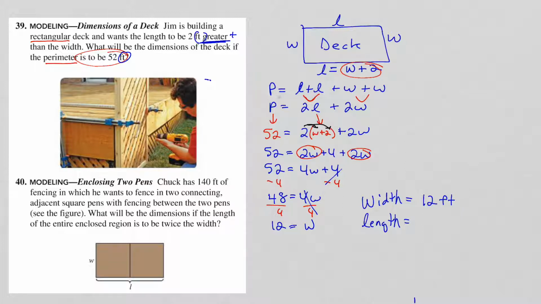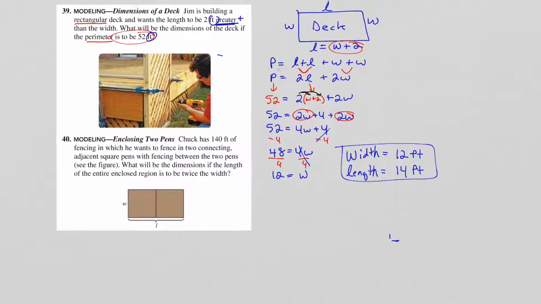And the length is going to be, remember that it's 2 feet greater than the width. So if the width is 10, then the length is 12. In this case, it's 12, so this has to be 2 greater than this, which will be 14.